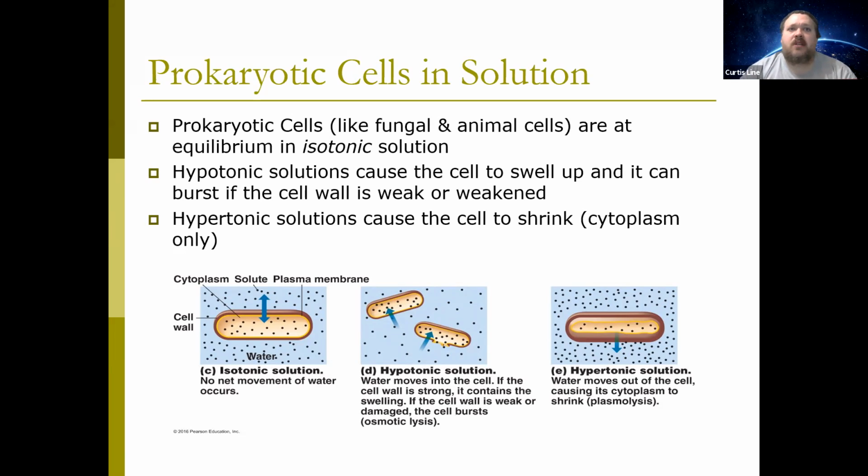Isotonic solution means that the amount of water and the amount of solute inside the cell is equal to the amounts outside the cell. ISO means equal. So in an isotonic solution, everything's equal, there's no movement of water, and the cell is happy.